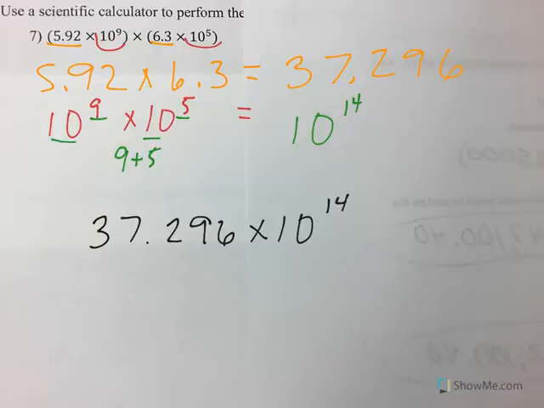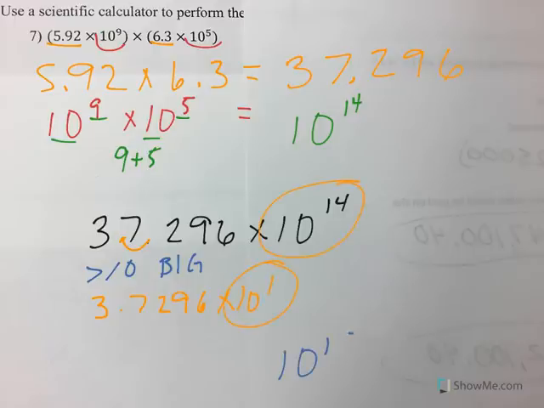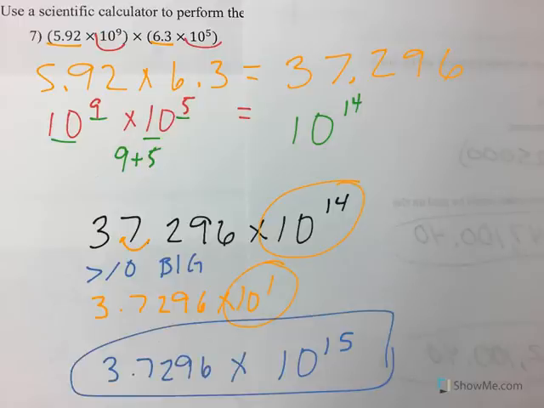But as I mentioned earlier, 37 is greater than 10, which is big. Therefore, we want to move it 1 place, and this becomes 3.7296 times 10 to the 1st. Well, 10 to the 1st and 10 to the 14th yield 10 to the 15th. So 3.7296 times 10 to the 15th. Again, when you're multiplying with the same base, you add the exponents, and that's how we get 15.